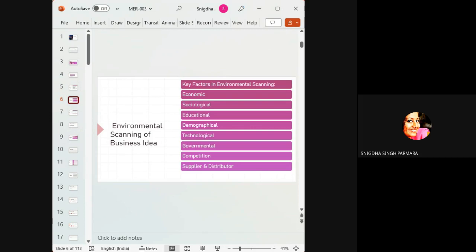Then under governmental factors, what are the industrial policies of the government, what are the government programs and projects, what are the taxation policies, the government support systems like subsidies, incentives, what are the import and export tariffs, duties, etc.